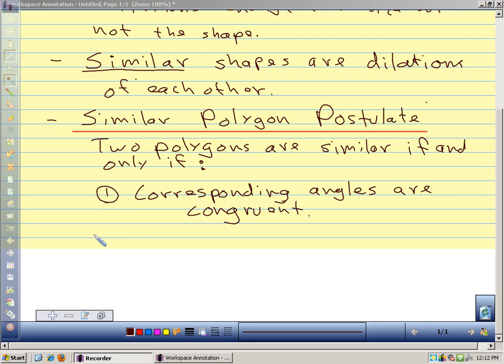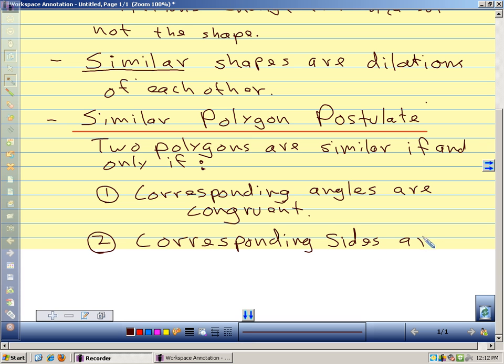And the second is corresponding sides are proportional. And this is where the proportions that we worked on at the end of last week come into play in this chapter. Proportional means they have the same ratio. So we compare corresponding sides by setting up ratios and seeing if they're the same.